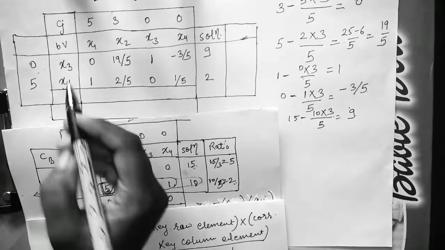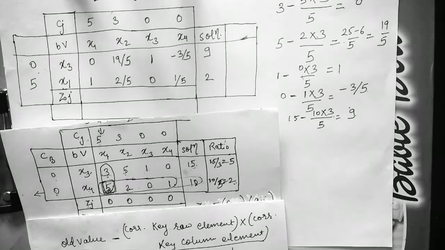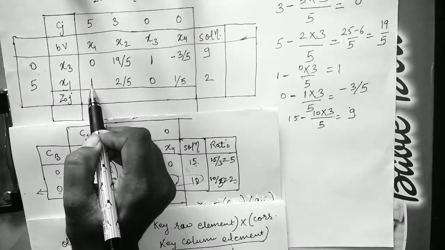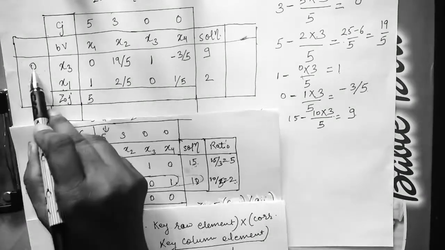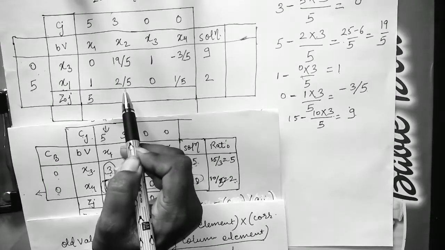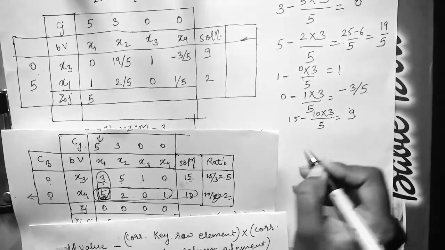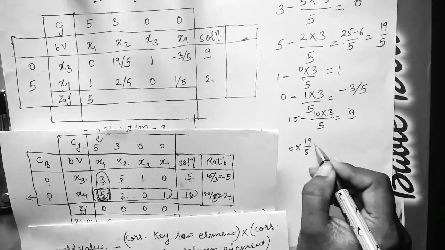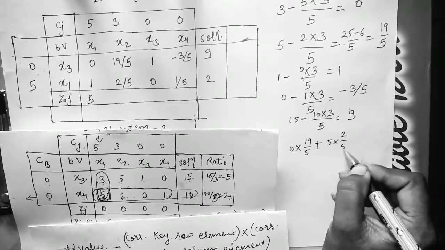Now we have to calculate Zj. The same formula, 0 into 0 plus 5 into 1. So this is equals to 5. 0 into 19 by 5 plus 5 into 2 by 5.